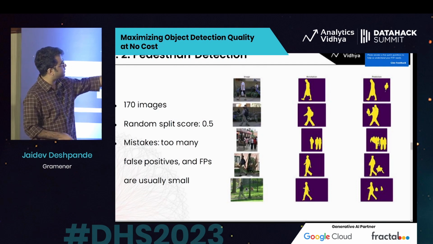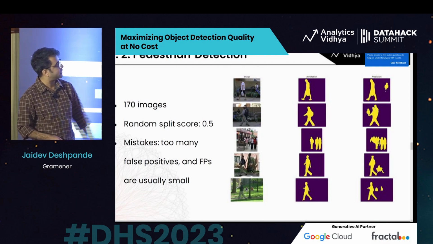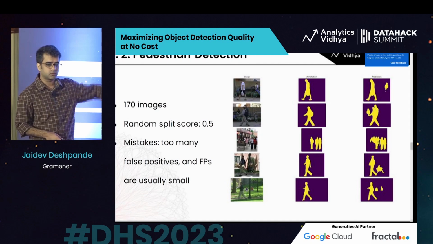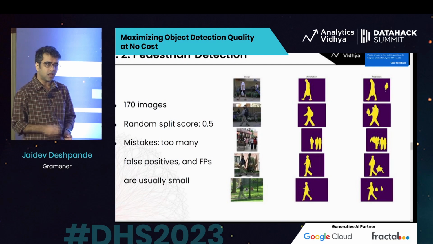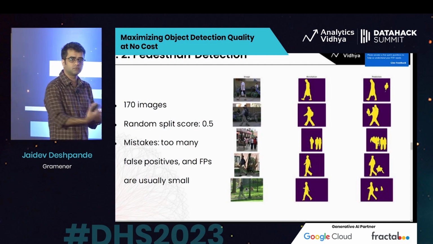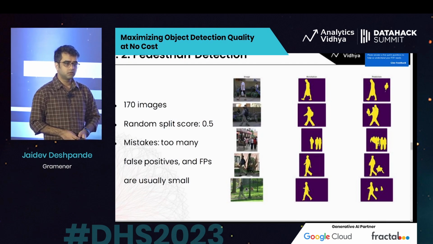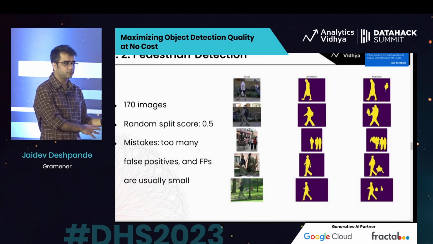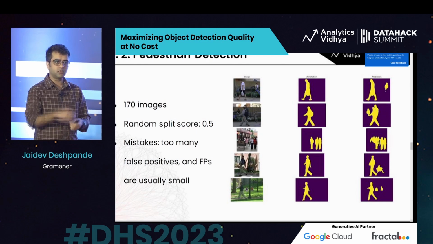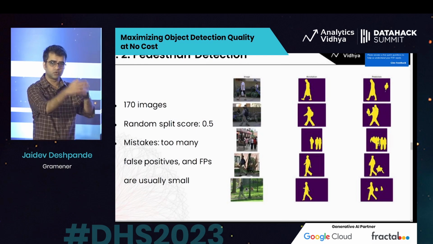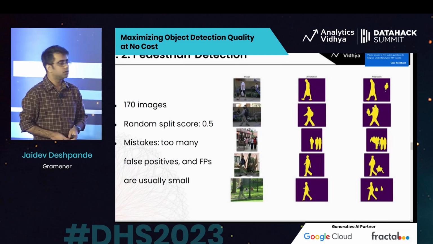Pretty much the extra people who are being identified are people who are sitting, they're not walking around, right? And these false positives that it throws up are usually small. The pedestrians themselves are going to be fairly large relative to the size of the image, right? The other ones are small.